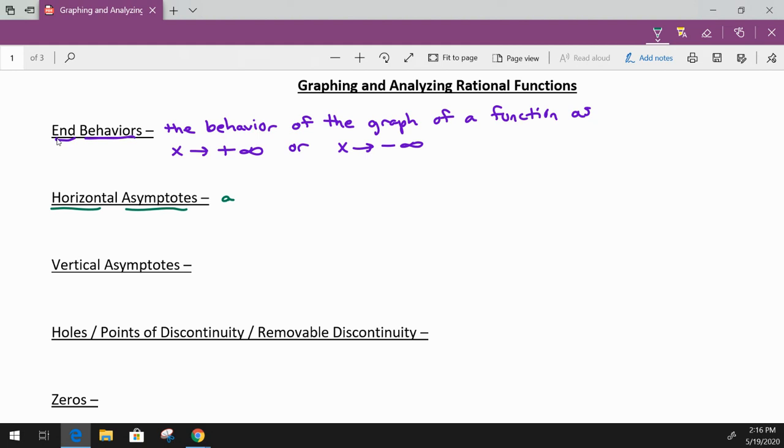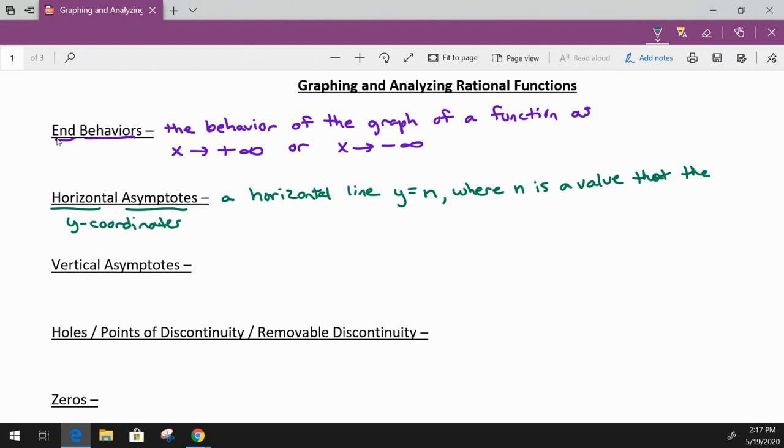A horizontal asymptote is a horizontal line, and a horizontal line is always y equals a number, where that number or value is a value that the y-coordinates of a function get closer and closer to without ever equaling that value.